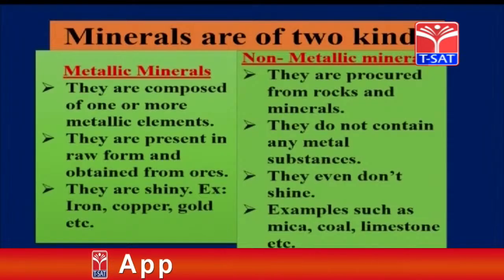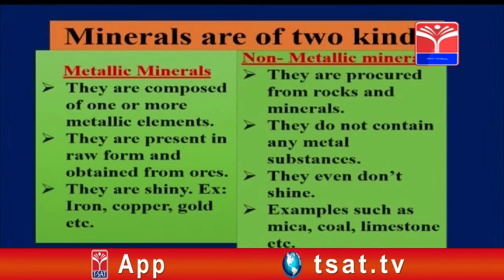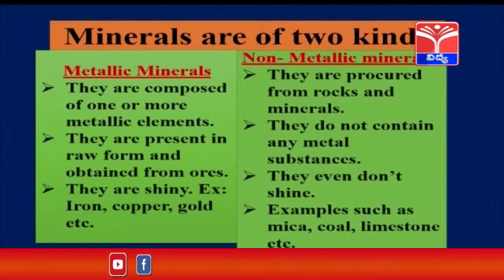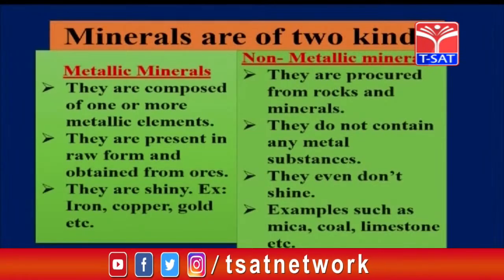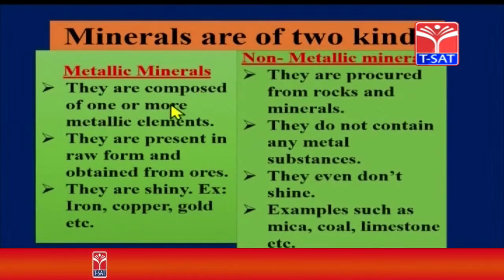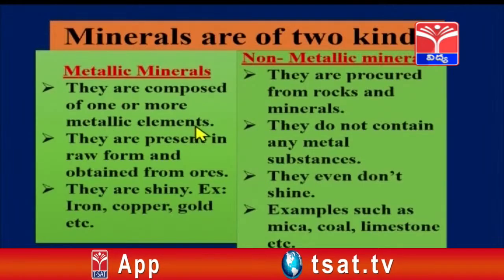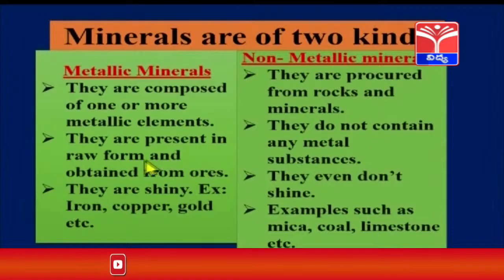Children, now let us discuss the kinds of minerals. Minerals are of two kinds: metallic minerals and non-metallic minerals. Do you know the differences between them? Metallic minerals are composed of one, two or more metallic elements, and they are present in raw form and obtained from ores.